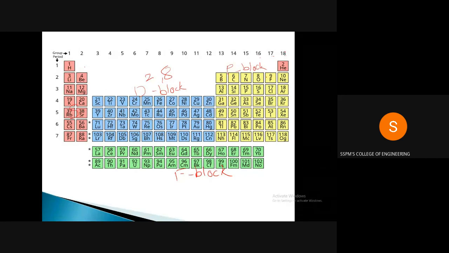Similarly, remember this group 18: all elements are inert gases. They are noble gases, but the exception is radon. Rn is a radioactive element.